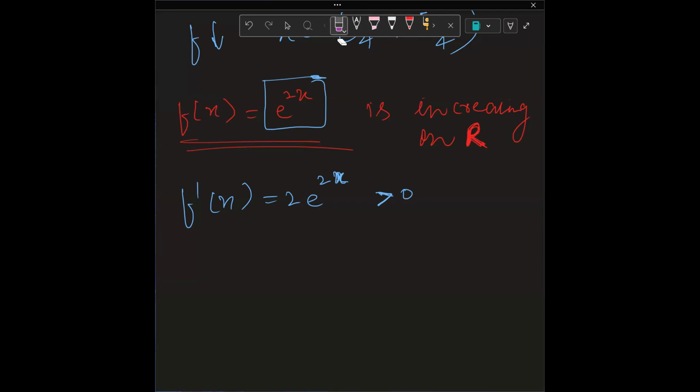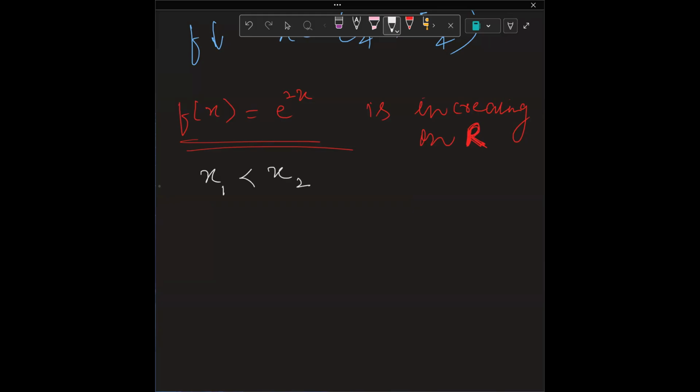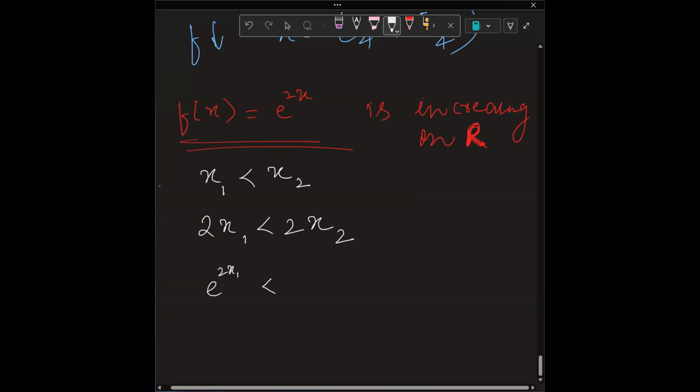Ibrahim, do you know how to do this? Maybe we can take two numbers x1 and x2, like the method we used earlier. Let's assume x1 is greater than x2. We have e to the power 2x, so I will multiply by 2 on both sides, and then take e to the power on both sides: e^(2x1) and e^(2x2).